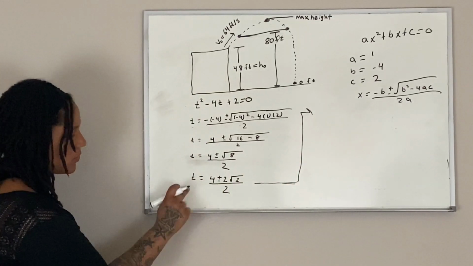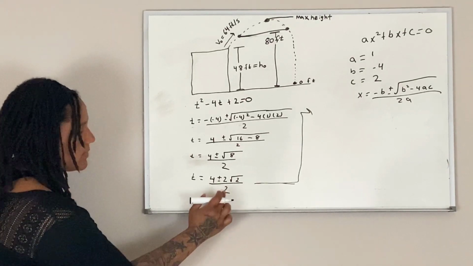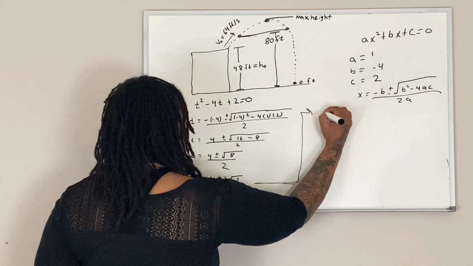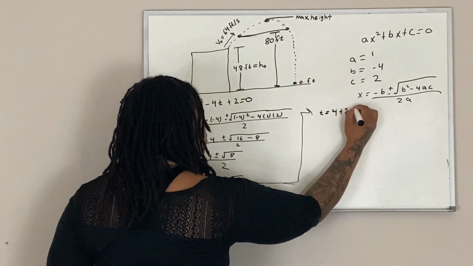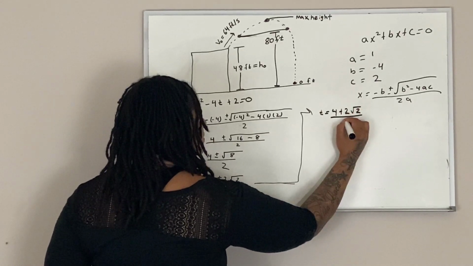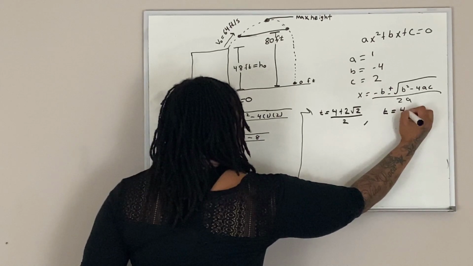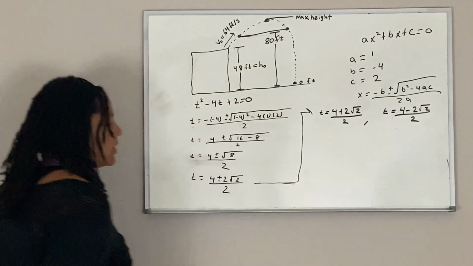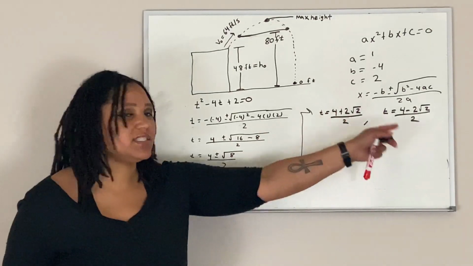We can break this up because we have the same denominator. So we have t is equal to 4 plus 2 root 2 all over 2, and we also have t is equal to 4 minus 2 root 2 all over 2, because we have plus or minus, so we're splitting the plus and the minus up.